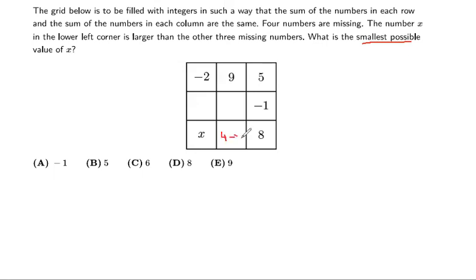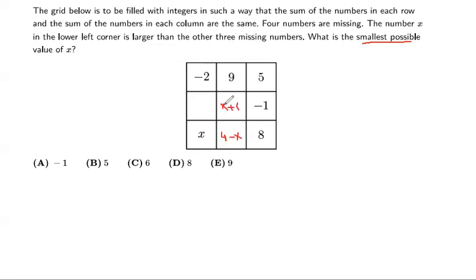I'm going to call this 4 minus x, because when you add these, that will be 12. The sums of these were already 12, and these were also 12. If you add these three, 9 plus 4 is 13, but it should be 13 minus x should be 12, which means this one would be x plus 1.